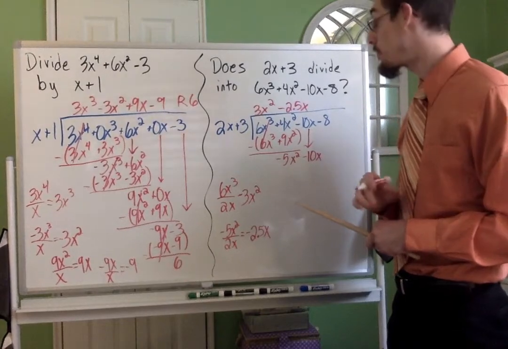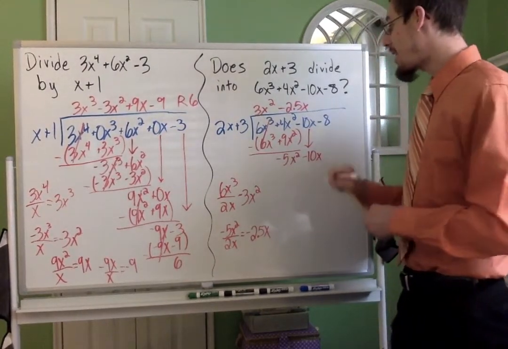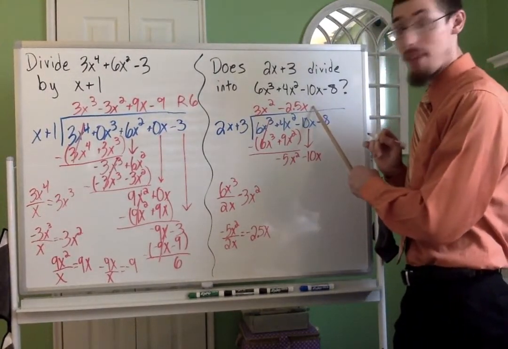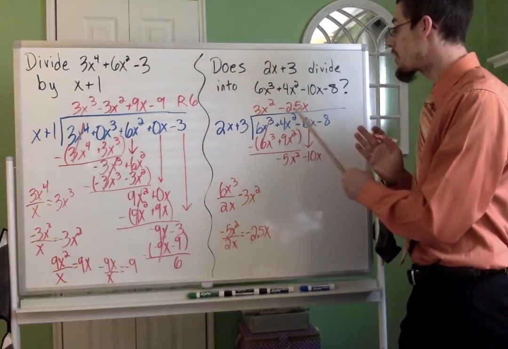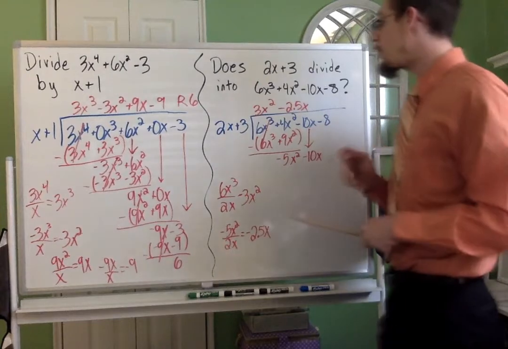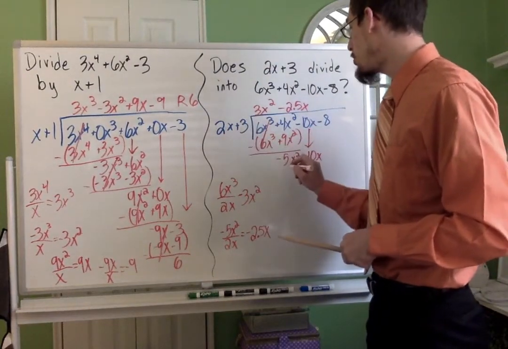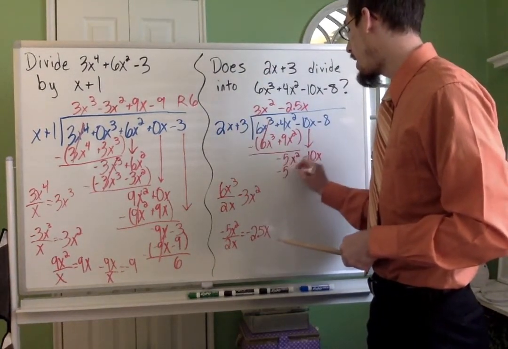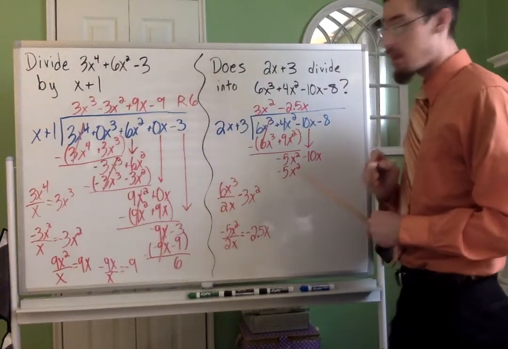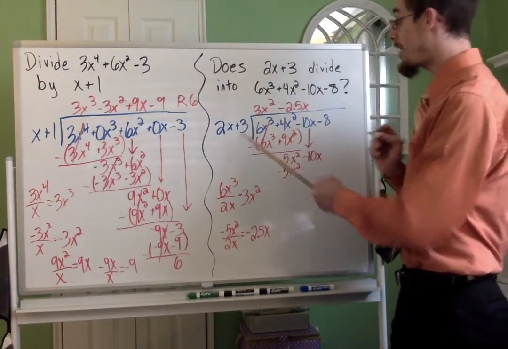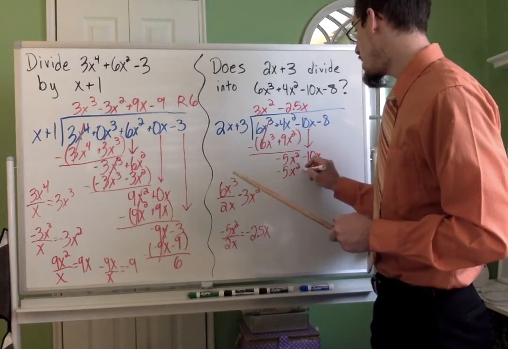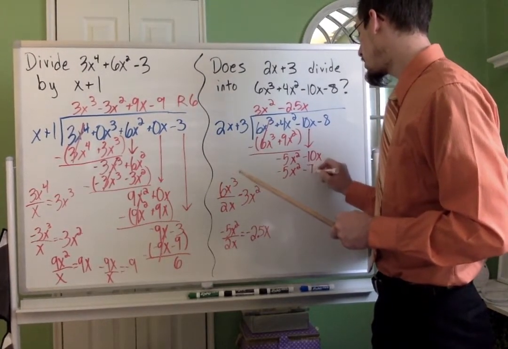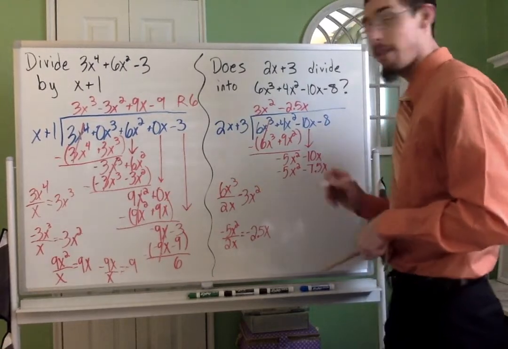That's okay. Let's take negative 2.5x and distribute it to see what we get. Negative 2.5x times 2 is going to be negative 5x squared. Negative 2.5x times 3 is going to be negative 7.5x.